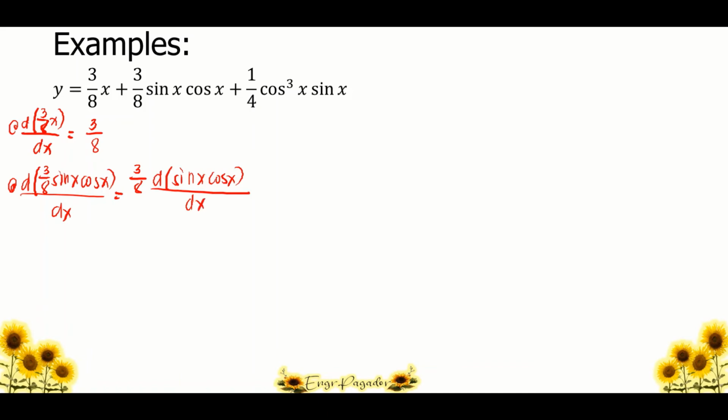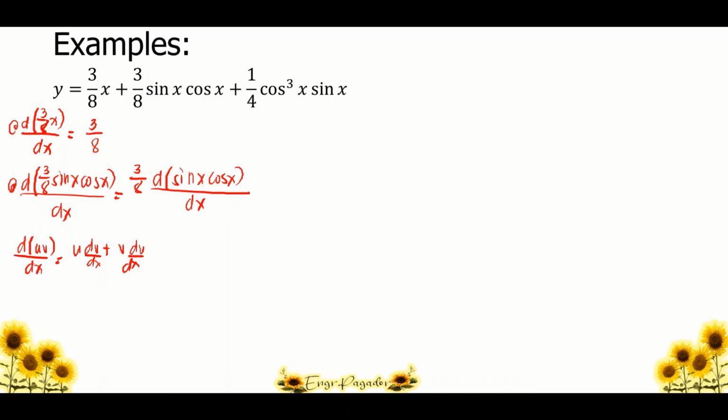So, if you recall, the formula or the rule in getting the derivative of a product, so for example, we have two functions, u and v. So, the formula in getting the derivative of functions that are multiplied will be u dv over dx plus v du over dx. So, ito ngayon yung formula na gagamitin natin in getting the derivative of the second function.